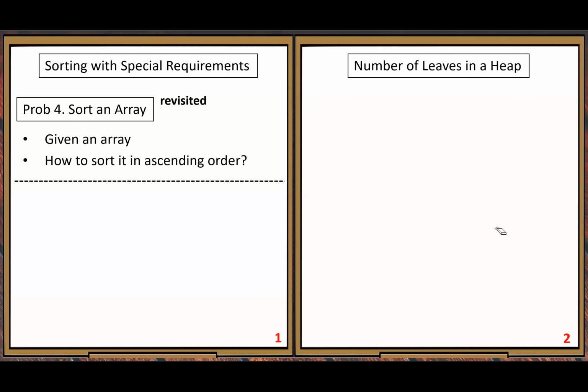For this part, first, let us look at a relatively simple question, but non-trivial. So we need to do some interesting work here. Number of leaves in a heap. You know the definition of leaves, right?